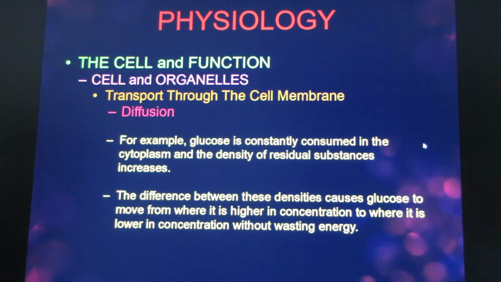For example, glucose is constantly consumed in the cytoplasm inside the cell, and the density of residual substances increases.